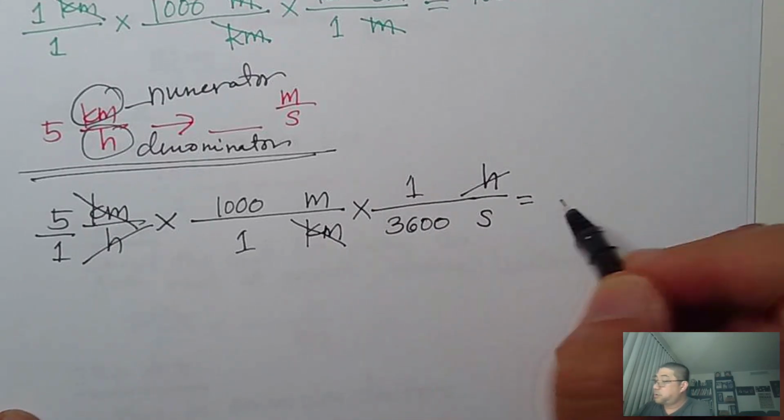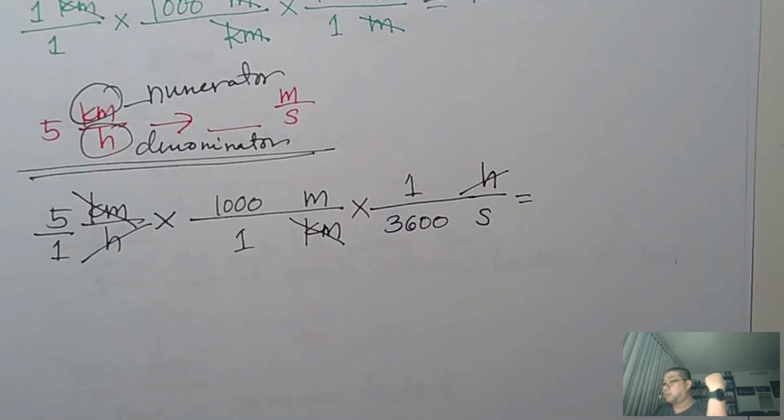So all we have to do is simplify this by multiplying 5 by 1,000. So let's try it. So 5 times 1,000. I'm using my calculator right here. So that is 5,000. Let's divide it by 3,600.